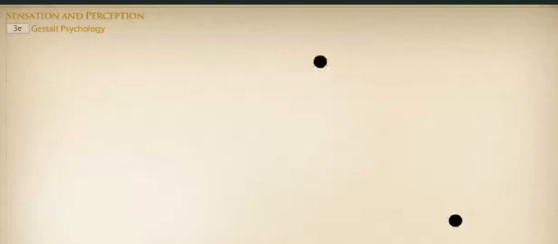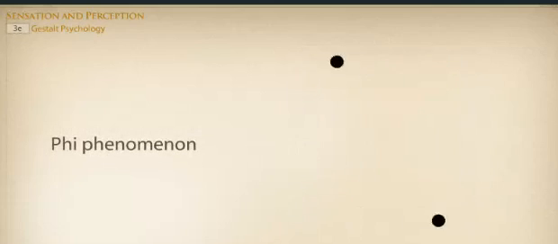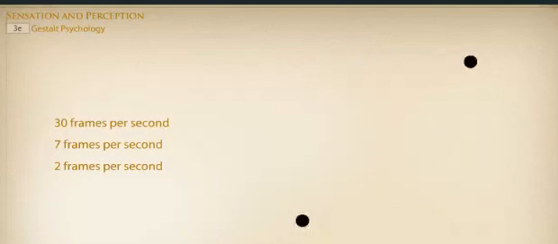So a simple example of this principle is the phi phenomenon. The phi phenomenon is an illusion where movement is created by presenting visual stimuli in rapid succession. Right now, you see smooth motion, but in reality, the moving objects merely take slightly different positions in successive frames. So viewed as a whole, the animation has the property, motion, that isn't evident in any of its parts, the individual frames.